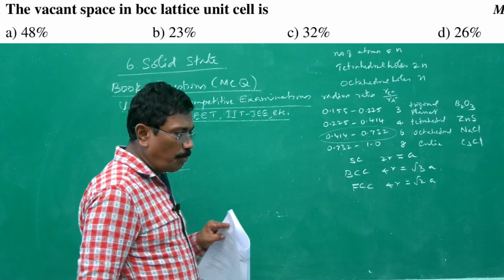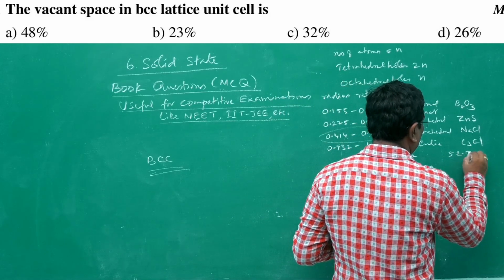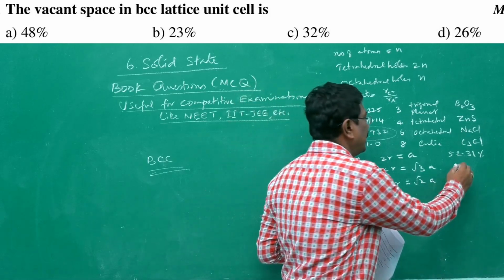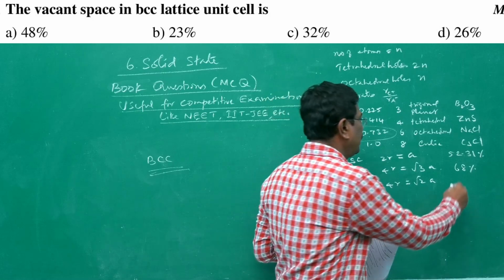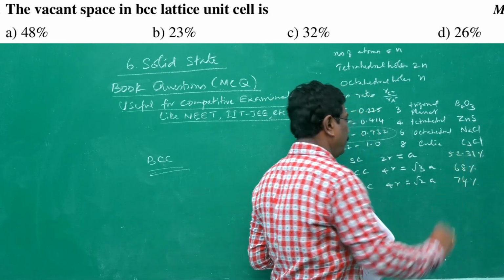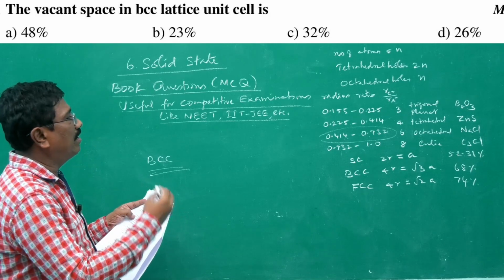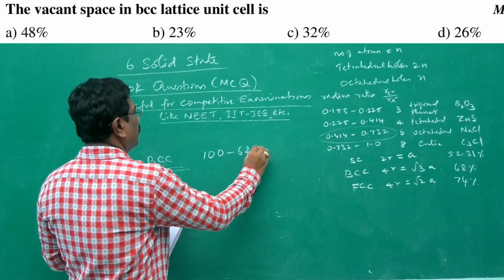For simple cubic, packing efficiency is 52.31%. And in BCC, 68% is packed, and in FCC 74% is packed. Now the question is, in BCC, vacant space they have asked in percentage, 100 minus 68, which is equal to 32%.